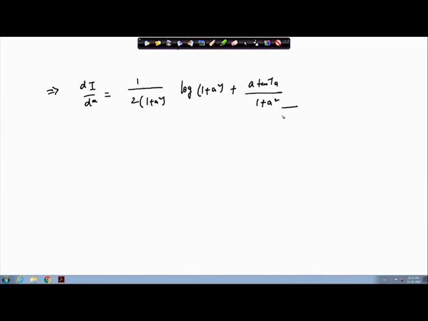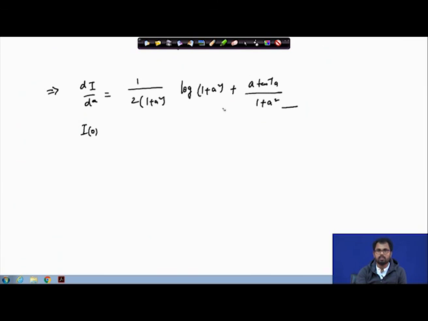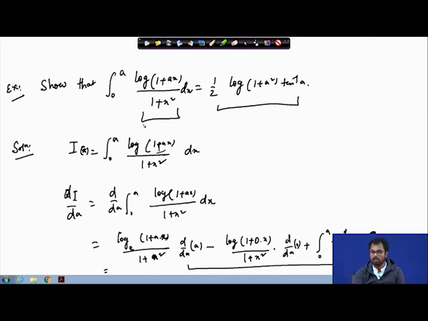Ultimately we will obtain an ordinary differential equation of this type, and from here we will obtain I(0) like we did before, because we will obtain a constant, and then we substitute the value of the constant to solve this ordinary differential equation, and that will give us the value of this integral I which we started with.